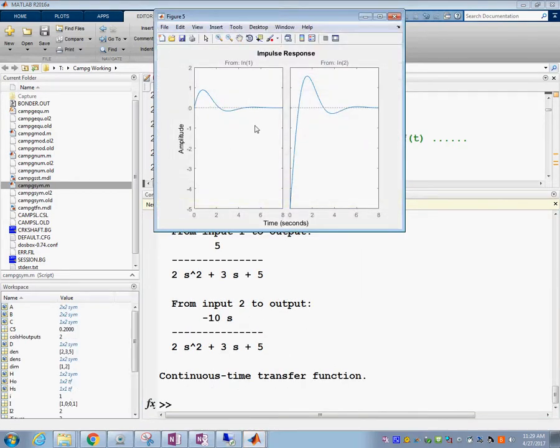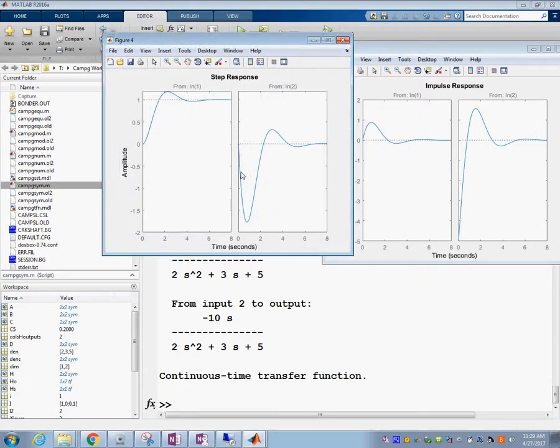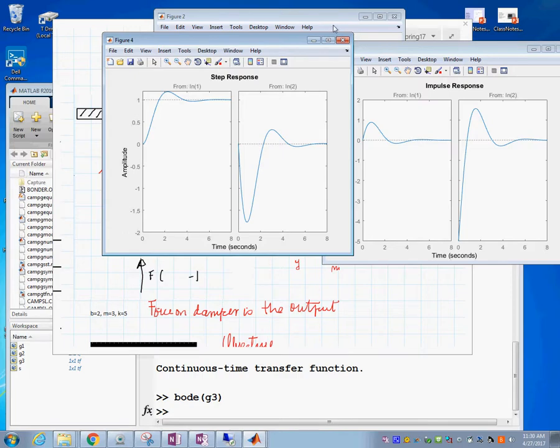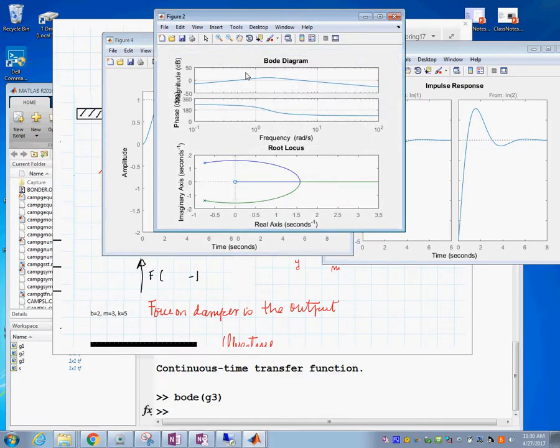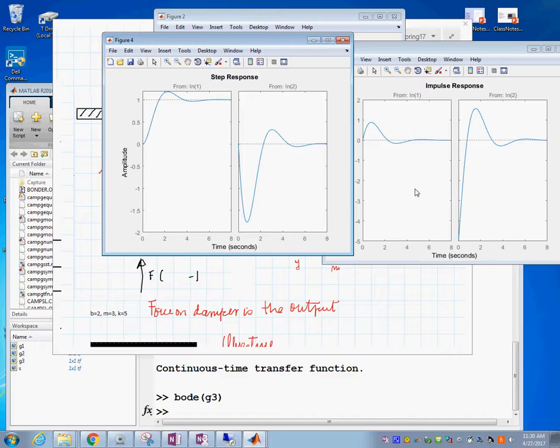Okay, the computer is giving you the impulse response and also the step response right away for both of them, and then you have other plots. We have this one, which is the Bode plot, and this is the root locus plot. But the important thing is to be able to relate to the input and the output, and you clearly can see that you can do this.